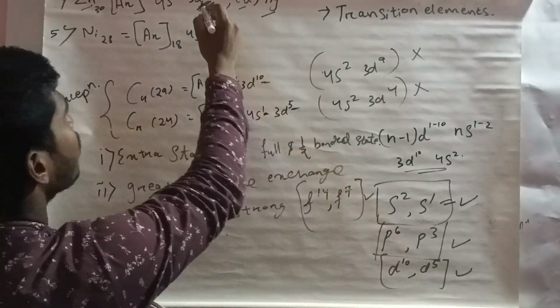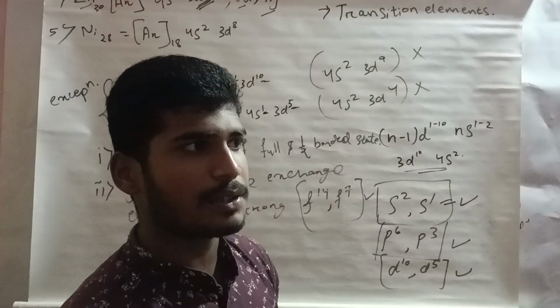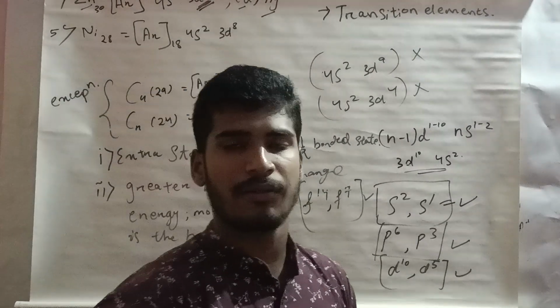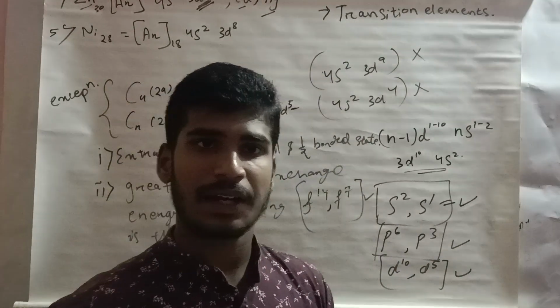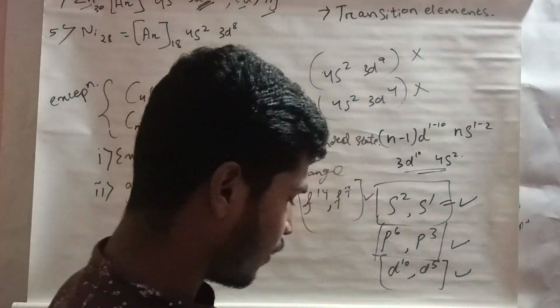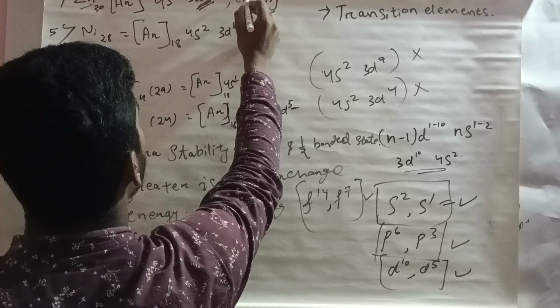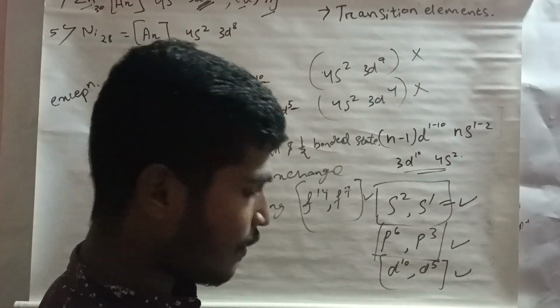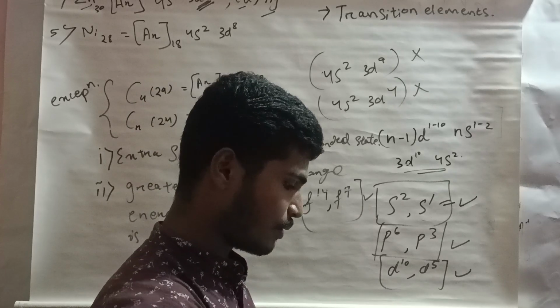Due to their fully filled d subshell. If the d subshell is fully filled, then it is not considered a transition element. Remember these three. In these three, the d orbital is always fully filled. We will see it further as an example in our revision classes.